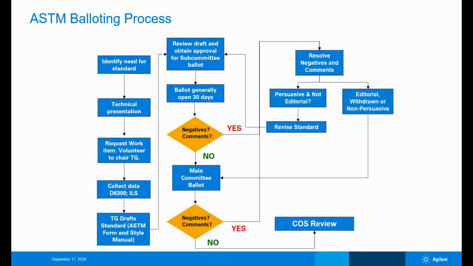The ASTM balloting process begins with a defined industry need for a standard. On occasion, there are test methods that become common practice in the industry, and those are based on a need to measure a given parameter of a product that is commercially traded.